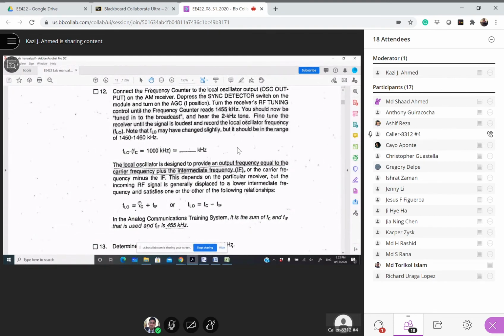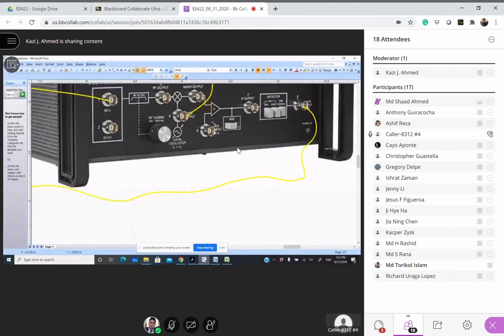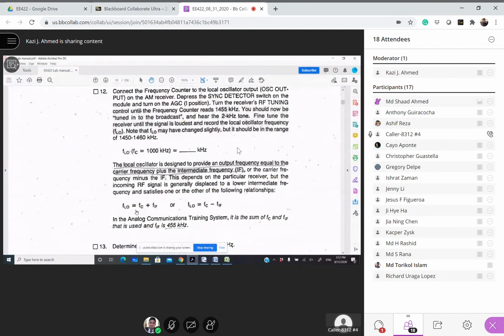Okay, so the local oscillator that we just saw has a relation with the carrier frequency of the incoming signal: FLO equals FC plus FIF. FIF is called the intermediate frequency. We're going to discuss this more in the next couple of labs.